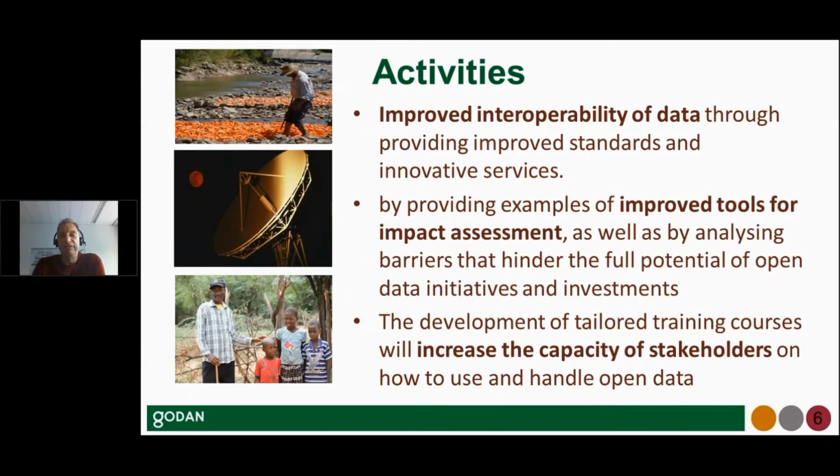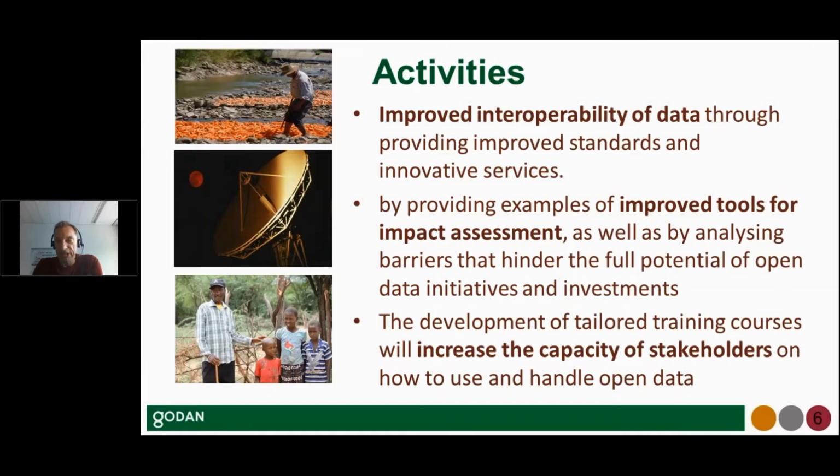A little bit more about the activities. Like I said, standardization. First of all, about improving interoperability of data. We want to teach our stakeholders about which standards are available in different fields of work. We also want to provide support and services that use standards to achieve more interoperability and to allow people to more easily work together using open data.